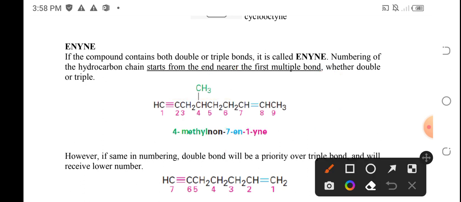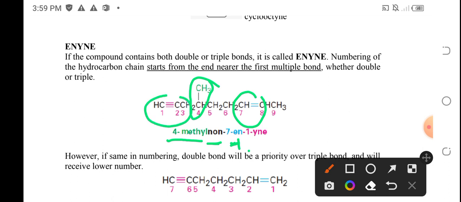So, ulitin natin. You have to name first the substituents. So, that's 4-methyl. And then the number of the parent chain, non. Okay? And then the position of the double bond, 7 in without the E. Okay? Drinap natin yung E dun sa alkene.